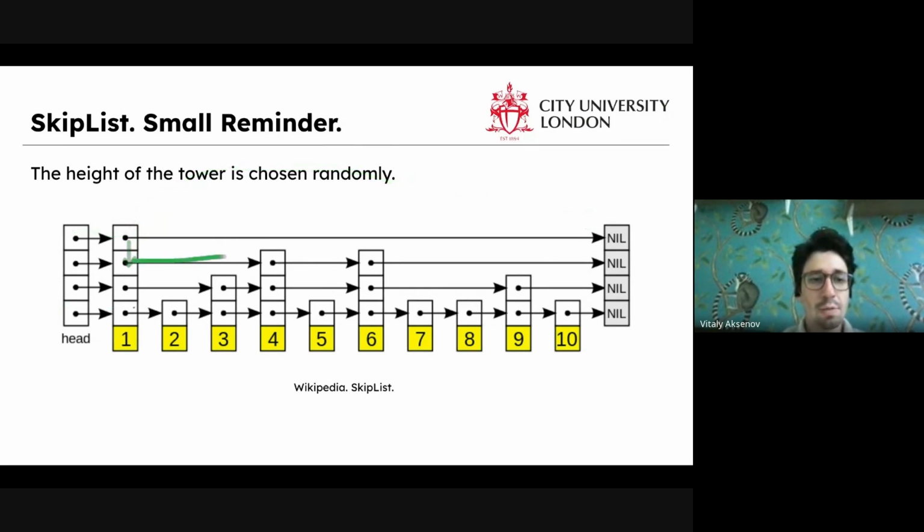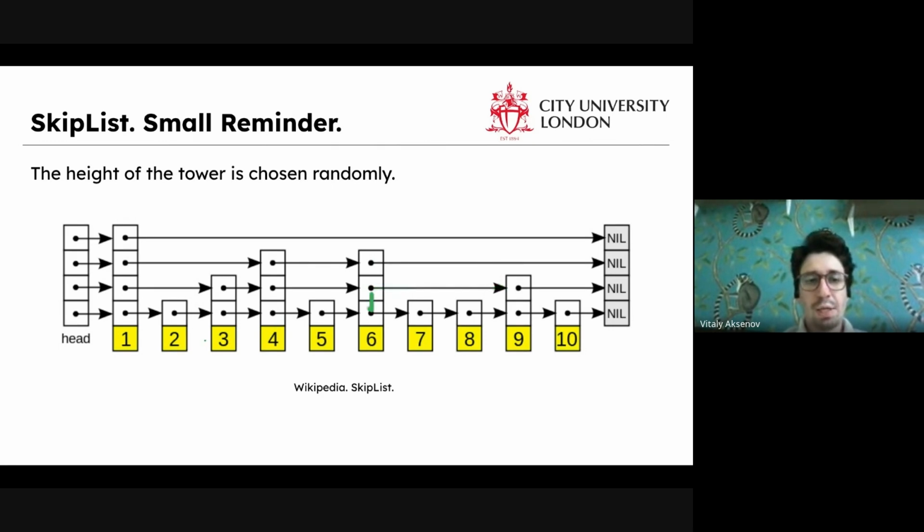Then we go to the right. We find 4. 4 is less than 7. Then we go to 6. Then we look at the next element. It's kind of infinity. So 7 should be somewhere down. So you go down. You consider that the next node is 9. So 7 should be again down.